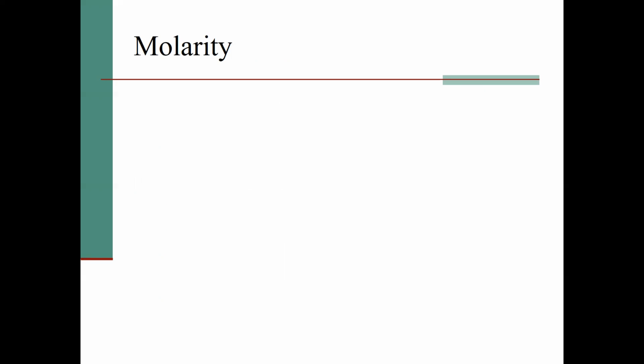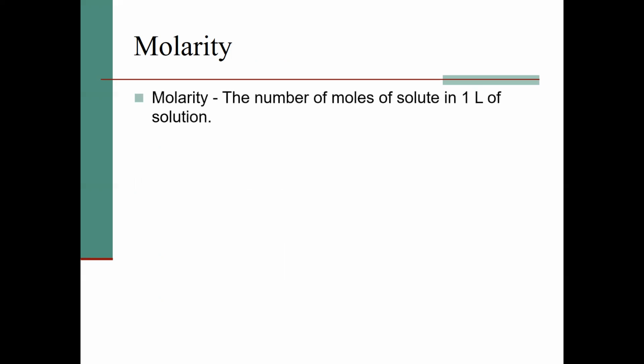Molarity is the first one we're talking about, and that's going to be today's focus. Molarity is defined as the number of moles in 1 liter of a solution. You haven't paid much attention to this, but when we did our lab the other day, you used a 0.25 molar solution, didn't you? That wasn't very concentrated, it's very dilute.